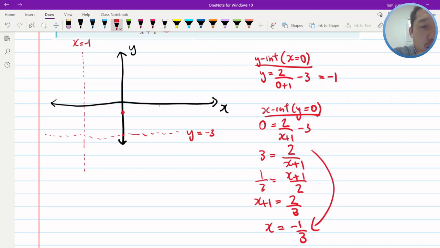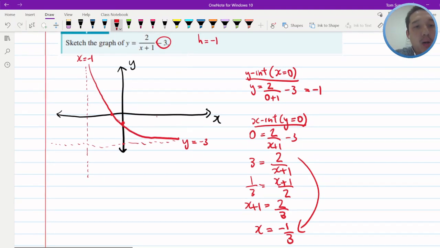Negative 1 over 3 would be probably about here. And here we have the beginning of our hyperbola. We have 2 points here, and we know it's going to approach this line but never get there, go down this way, and approach this line and never get there.